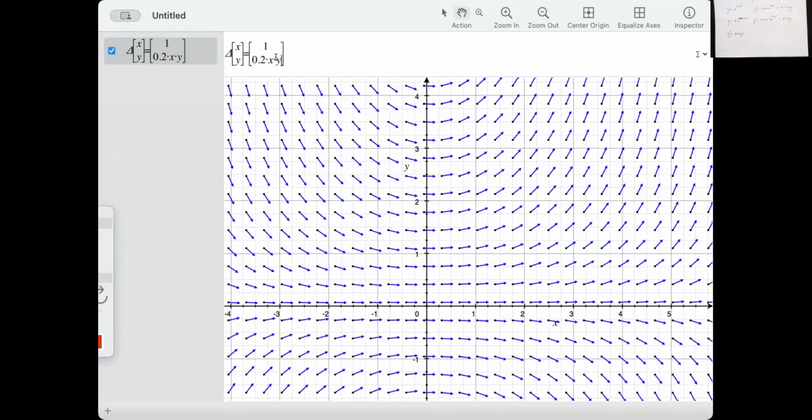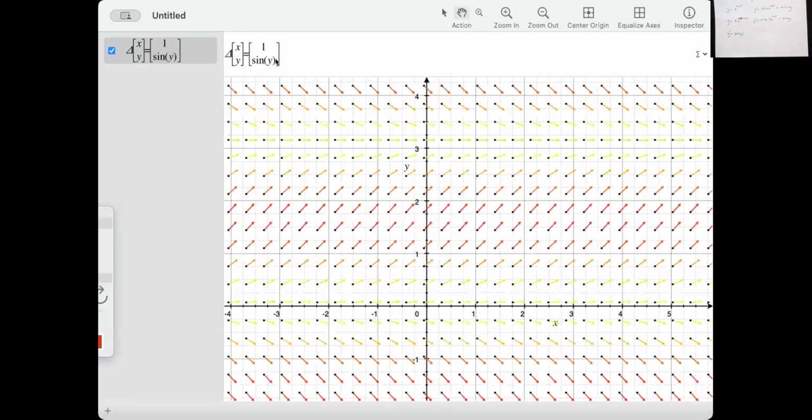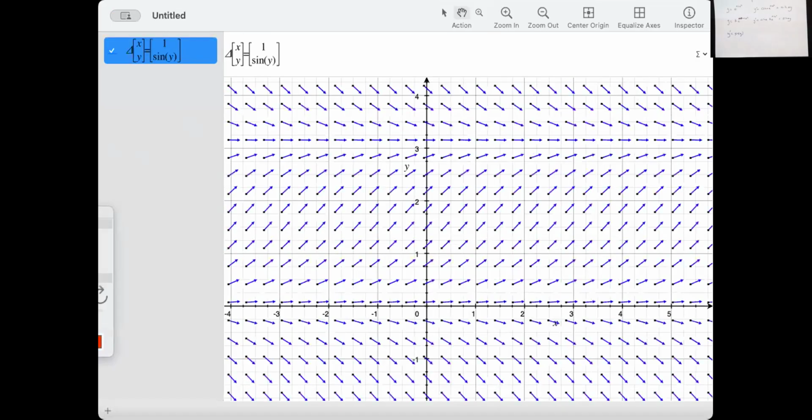And instead of having 0.2xy for the y prime, I'll have sine of y. And again, I don't like all the different colors, so I'll turn that off. I'm going to zoom out a little.